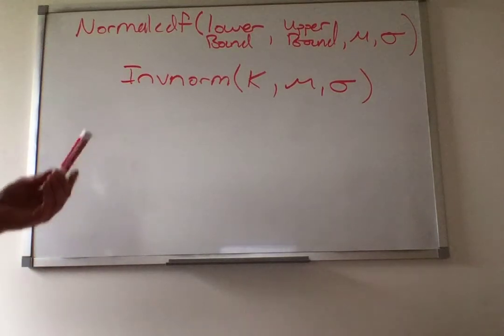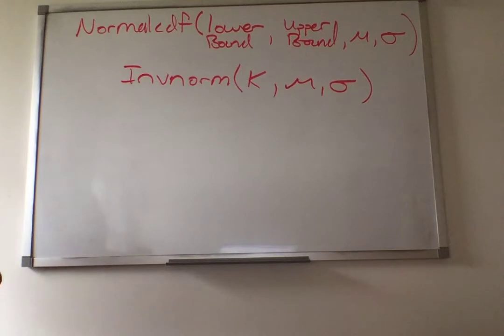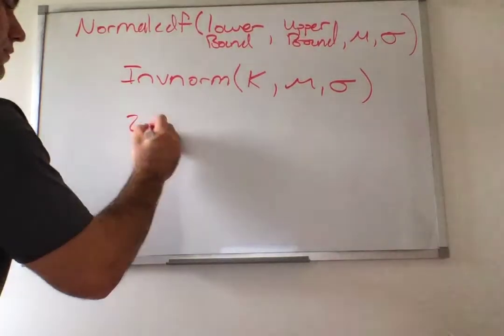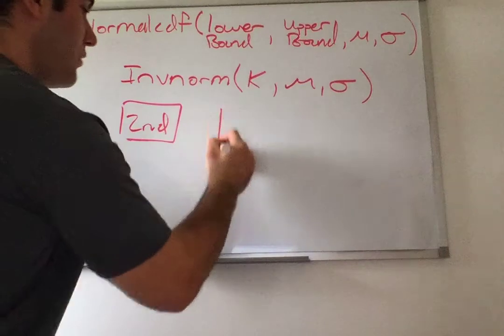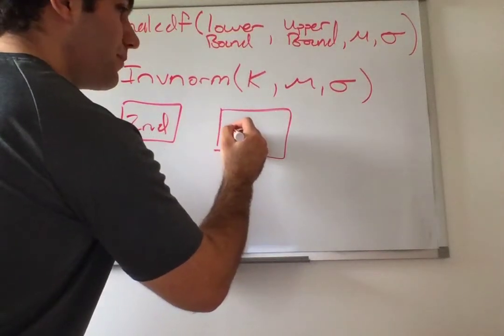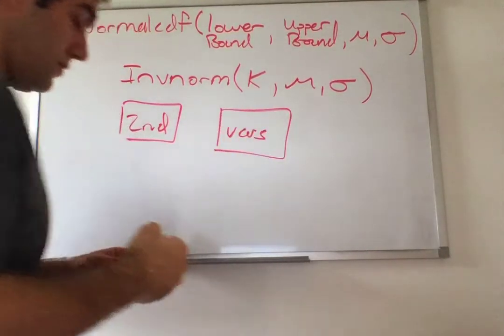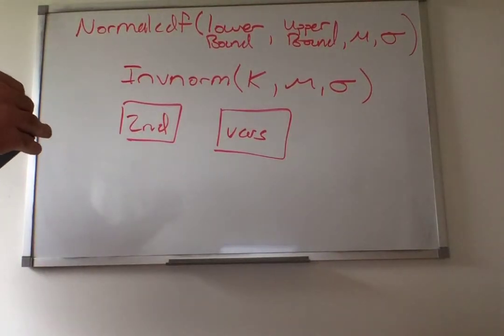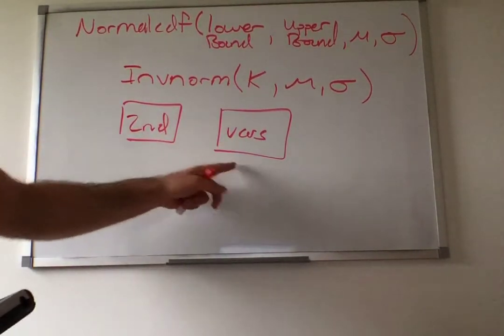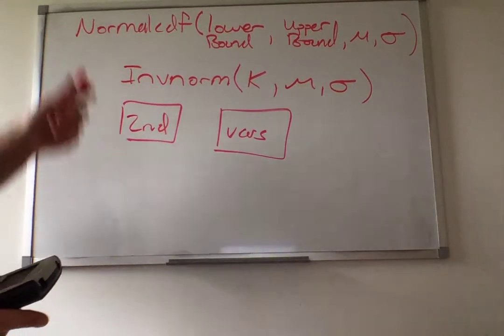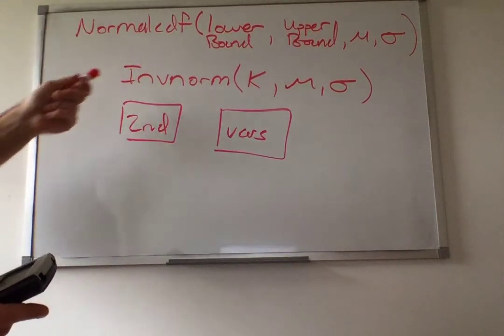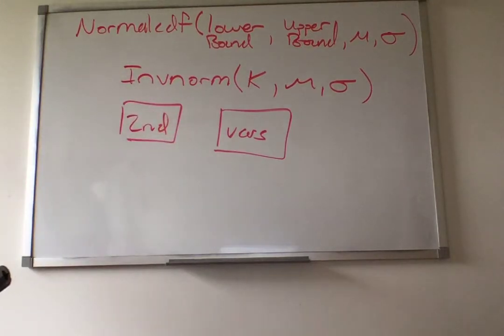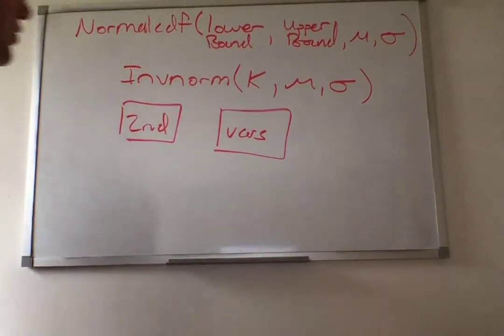If you're having trouble finding these, remember, you hit your second button, and then, is it the vars button? Let me see, my calculator is somewhere around here. Yeah, it is the vars button. So second button, vars button, it brings up your distributions. Normal CDF is number 2. Inverse norm is number 3.